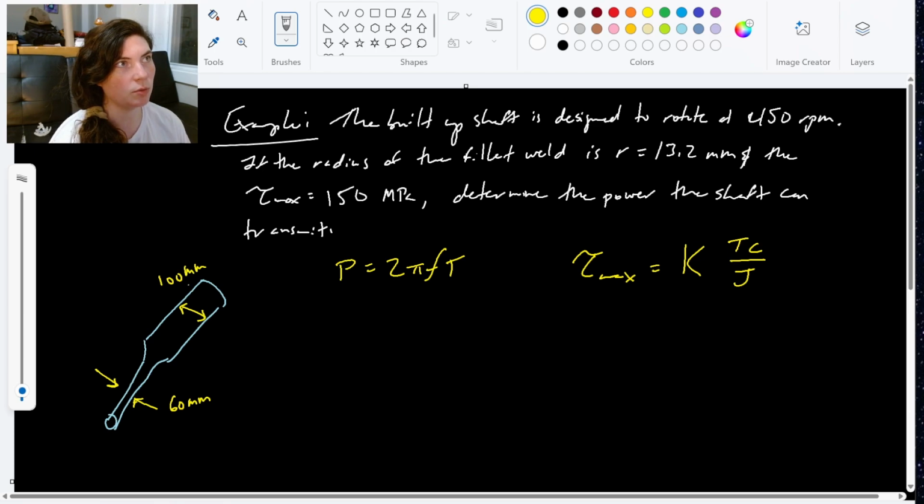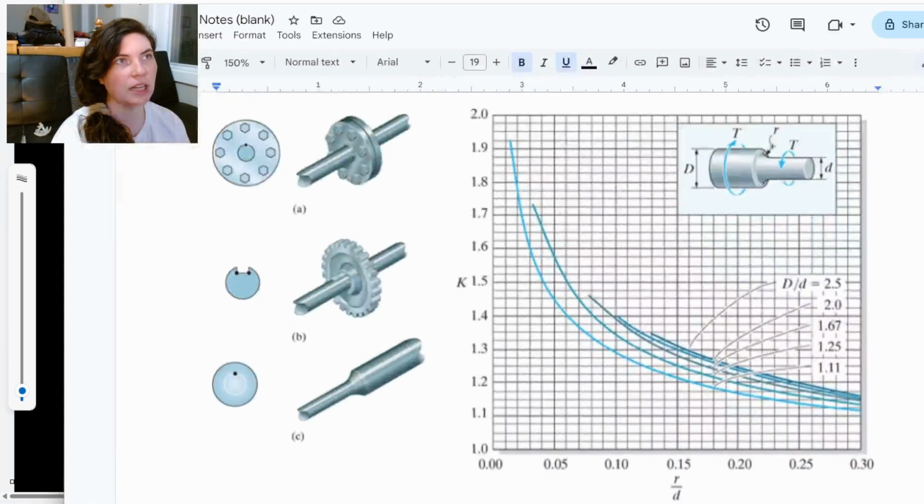It's this fillet weld where we're going from 100 millimeters down to 60 millimeters. So let's look again at what kind of information I need to pull to line up my values on this chart. I need R over D, that's the radius of the weld over the smaller diameter.